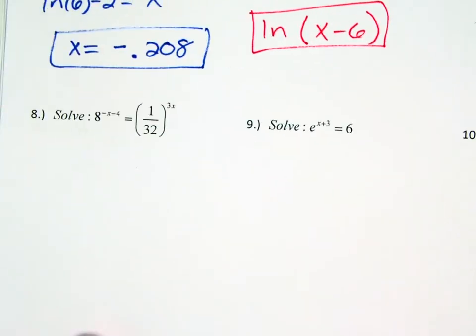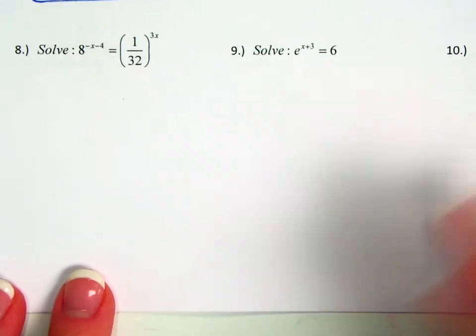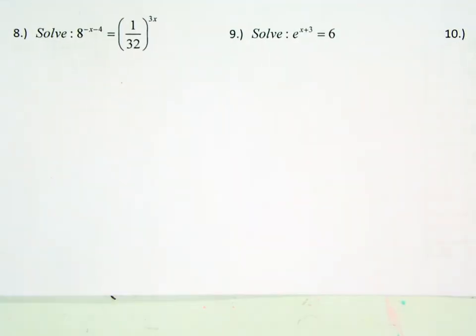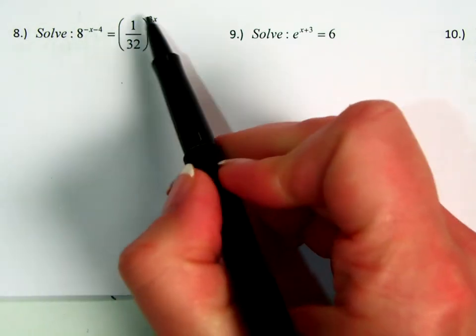Okay, let's look at example number 8. Okay, so looking at number 8, my issue here is we've got exponents on both sides.